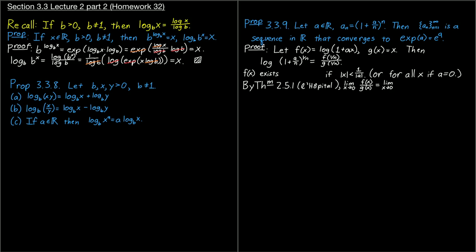That is the limit as x approaches 0 of f prime of x over g prime of x. And then g prime of x is 1, so I'm not going to bother writing that down. The derivative of f of x by the chain rule is 1 over 1 plus ax, and then you multiply by the derivative of the inside, which is a. And then taking the limit as x approaches 0, limit of a rational function, as long as you're not dividing by 0, which we're not, you just evaluate the limit by evaluating the function. So the limit is indeed a.